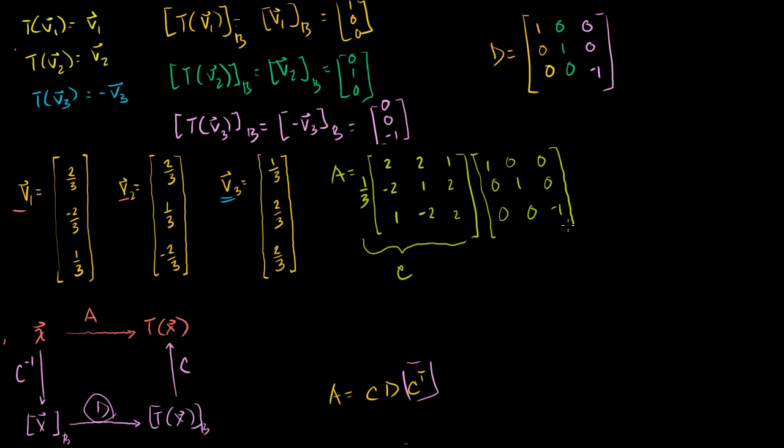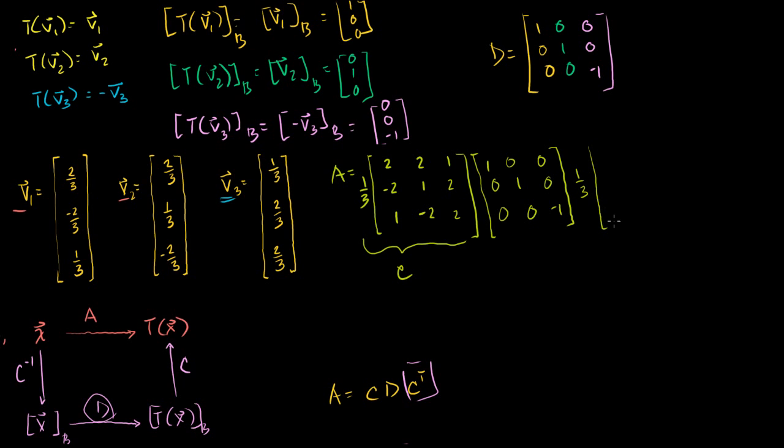So it almost looks like the identity matrix, but we flipped our third vector, and that's why we got a minus 1 there. And then we have C inverse. But because C was a square matrix with orthonormal columns, we know that C inverse is the same thing as C transpose. So it's just going to be the transpose of this thing. So I'll write another 1/3 out here just to simplify things.